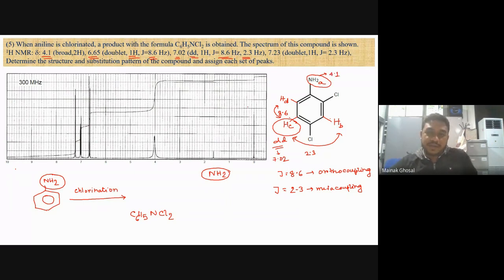Now you have two signals left, the 6.65 doublet and the 7.23 doublet. You can easily tell which one is HB and which one is HD. So 6.65, which is this one, HB or HD? HD, yes, this one. Why?